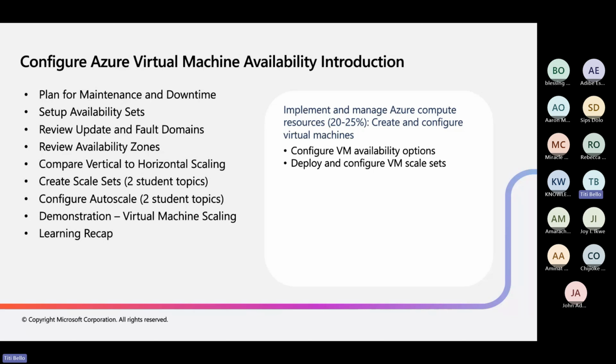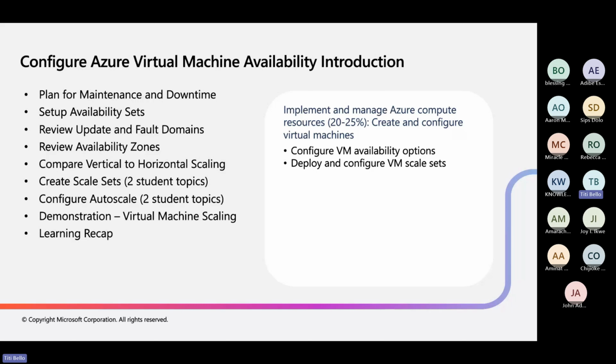So that when something happens, you can still have what you want. It's important that you note them, how to set up availability sets, like we did before when we were setting up the virtual machine.